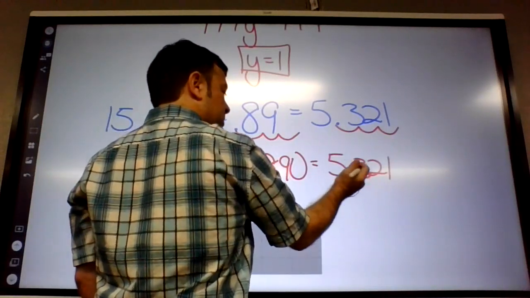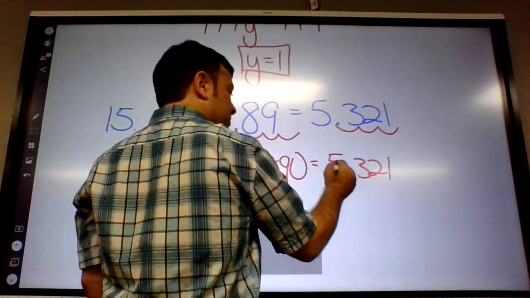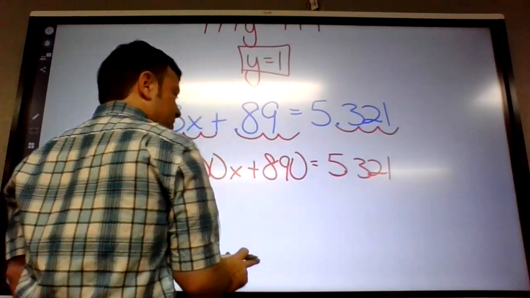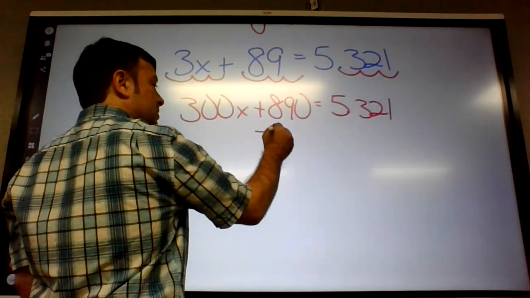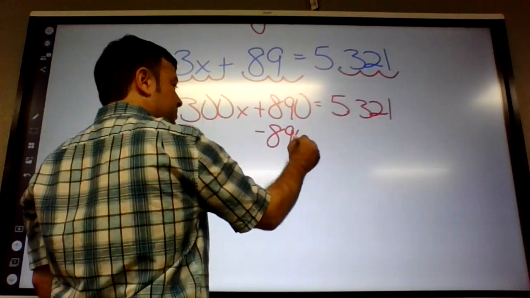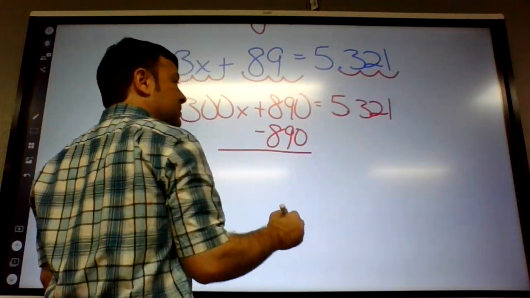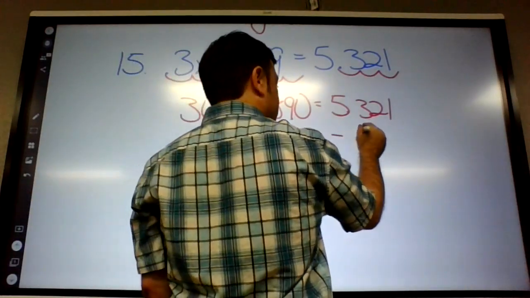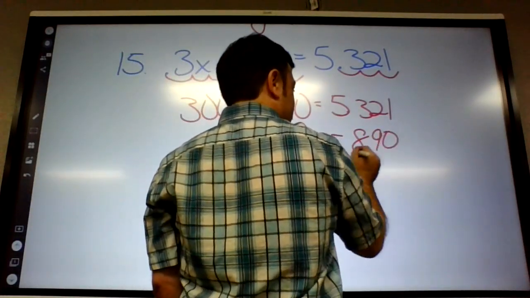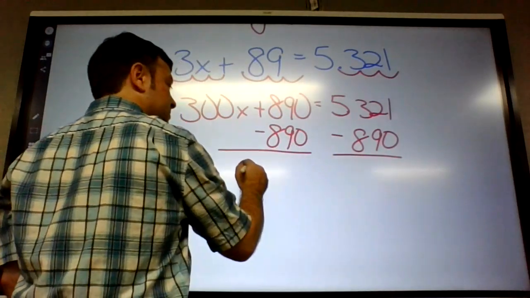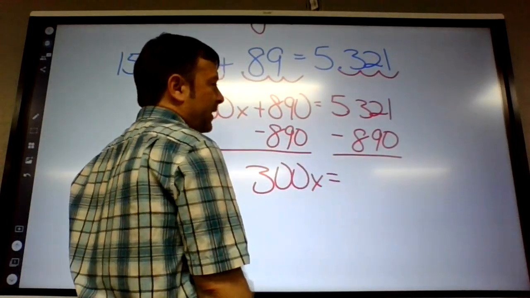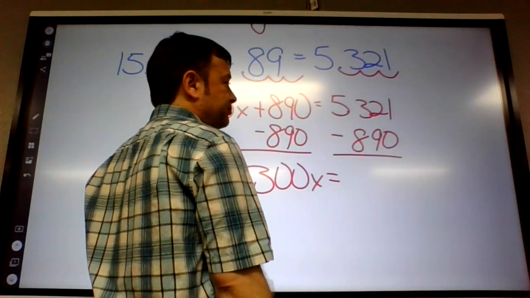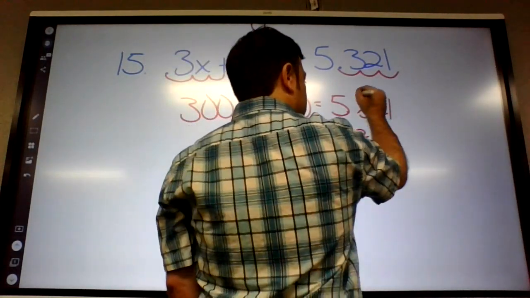I probably shouldn't put a comma there. Alright. Do we have to eliminate the decimal to solve these? Not really. You could have just subtracted and divided right from the get-go. I might do it the old-fashioned way.